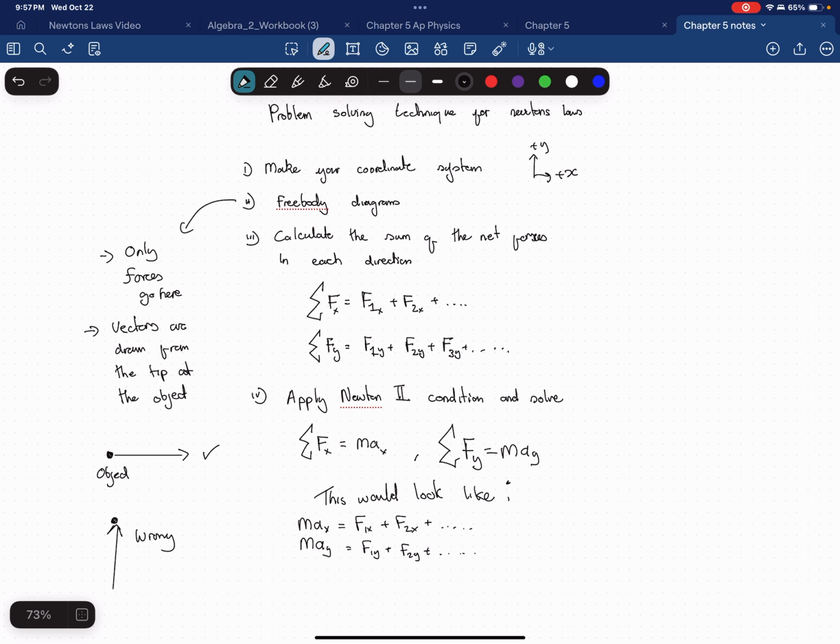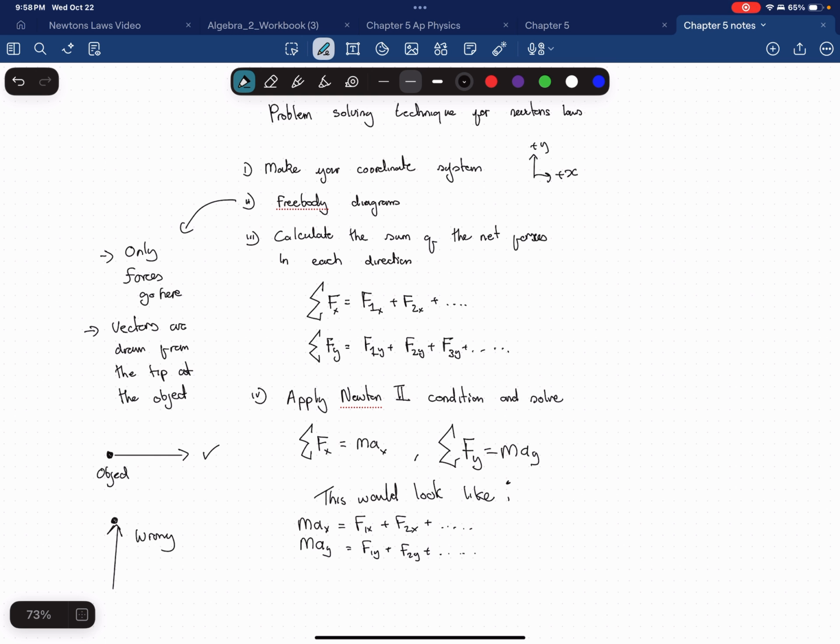After we get all our forces, we apply the Newton 2 condition. Newton 2 tells us that the sum of forces, the total net force, is equal to ma.